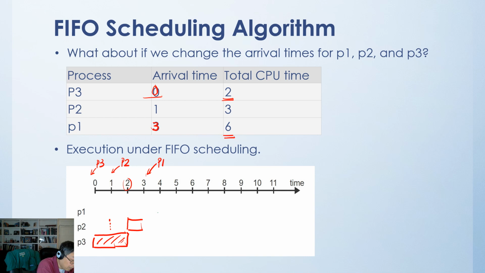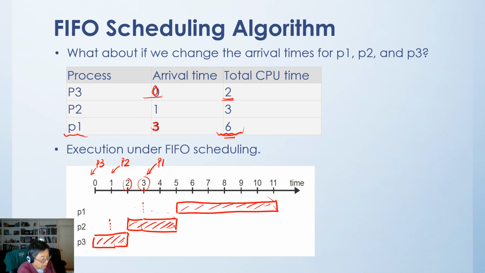And then at time 3, process 1 arrives, but process 2 continues to run until it completes the job. So the total CPU time is 3 time units. Then process 1 gets the CPU and runs to the very end.